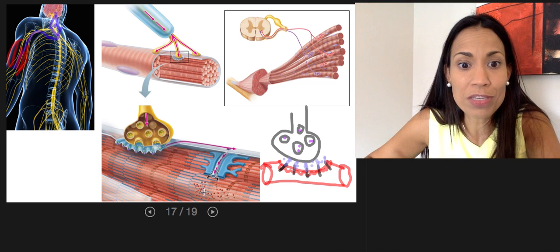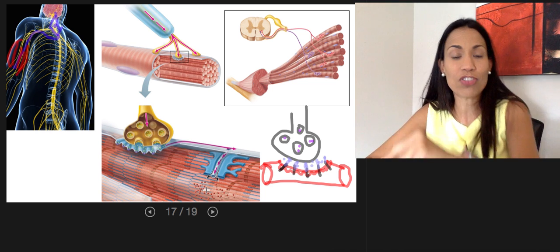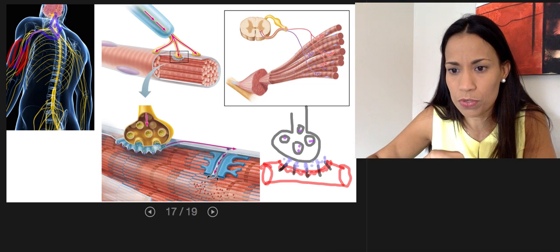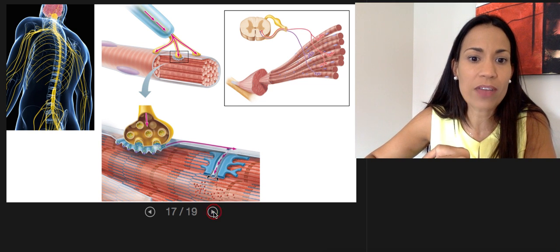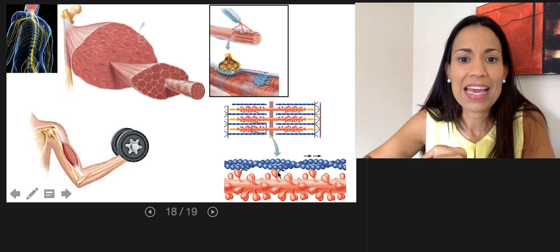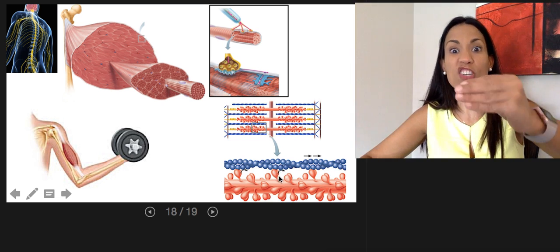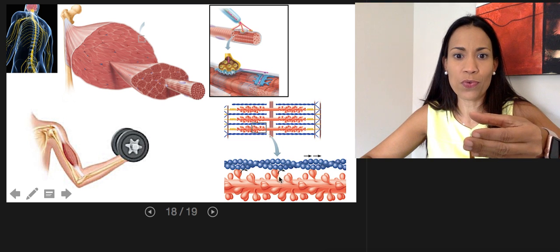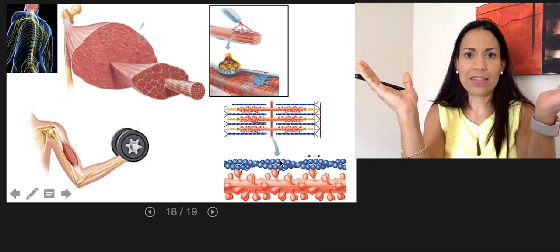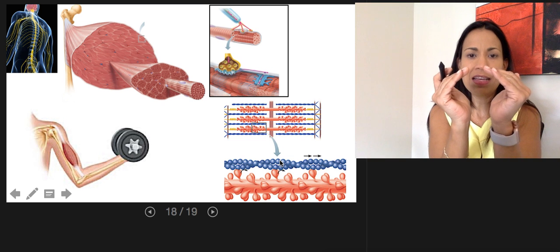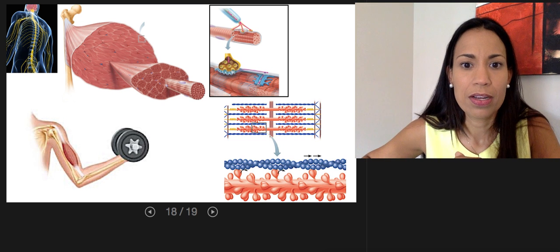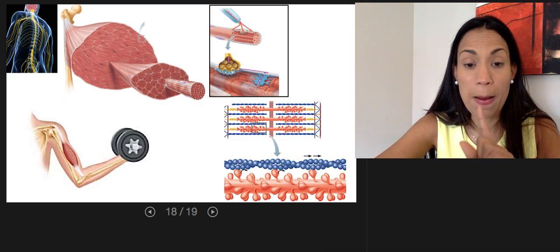Right there, the calcium is released, so the calcium can now interact with the actin filament and uncover the attachment site for the myosin, and the myosin can attach to the actin, pivoting and sliding the actin filament towards the middle, shortening the entire sarcomere and the entire muscle.